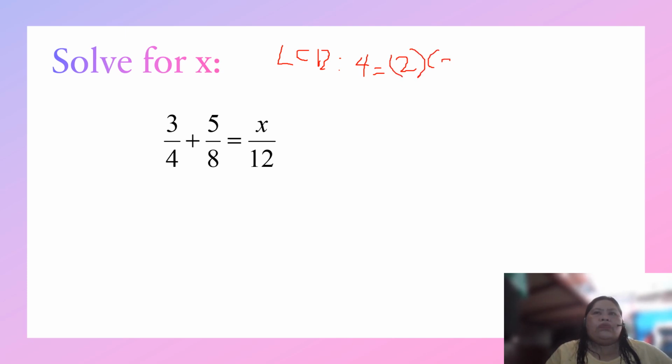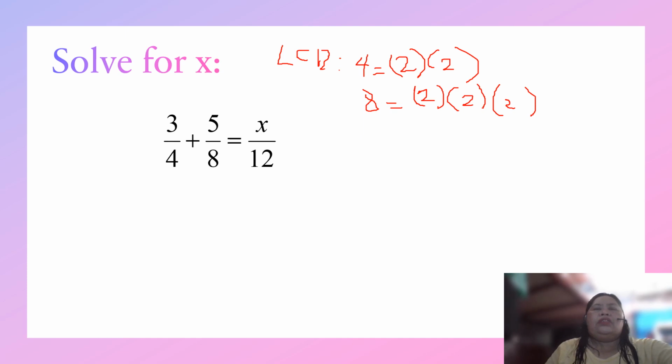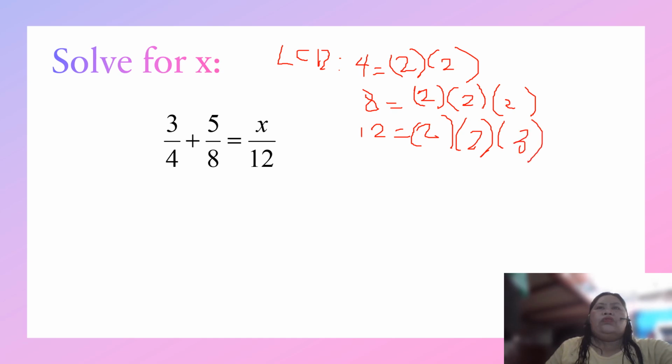So we have 2 times 2. For 8 we got 2 times 2 times 2, so this is 8. And for 12 we have 2 times 2 times 3.